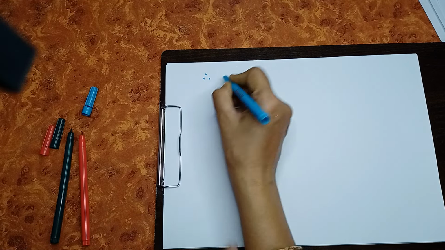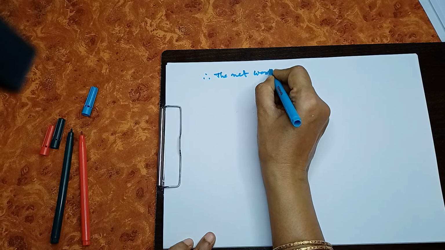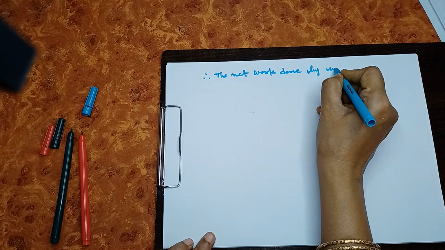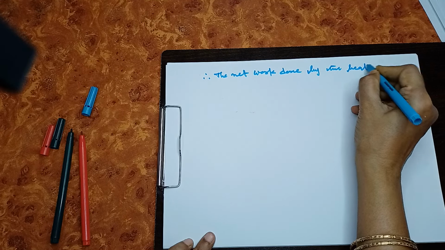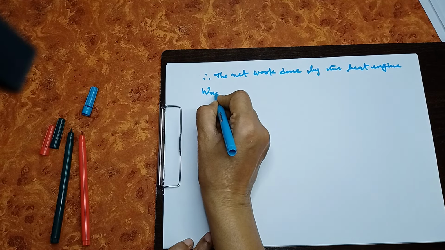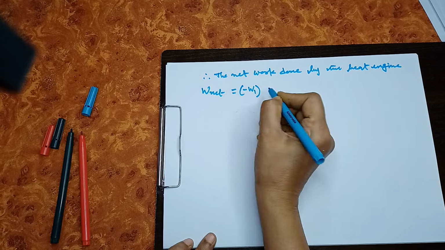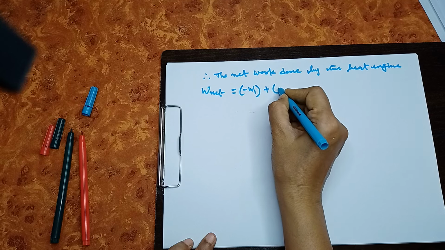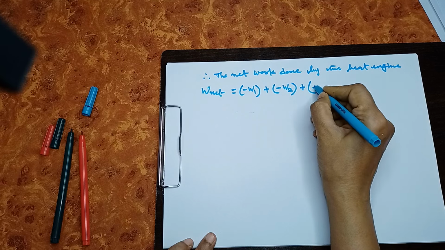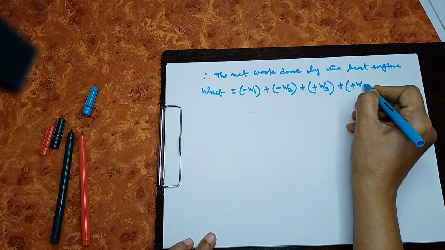So the net work done by the system or by the heat engine, W net, will be equal to minus W1, that is in step 1, plus minus W2, that is in step 2, then step 3, that is plus W3, then step 4, that is plus W4.